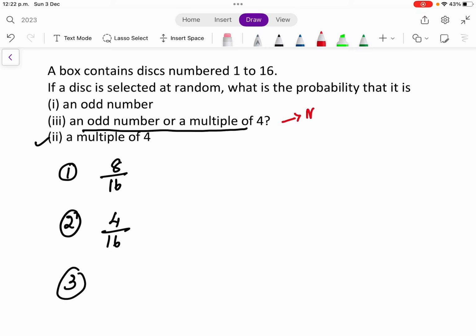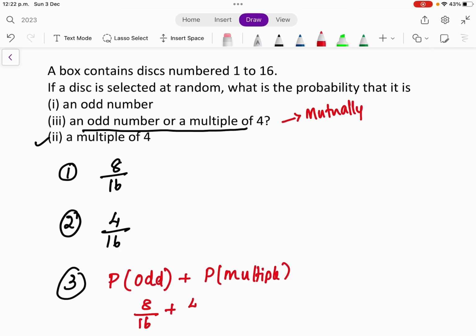No, so they are mutually exclusive. So the probability is the probability of an odd number plus the probability of a multiple of 4, which is 8 over 16 plus 4 over 16, equal to 12 over 16.